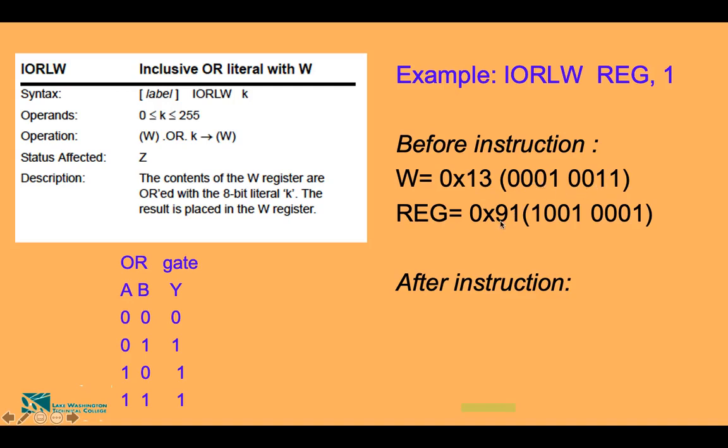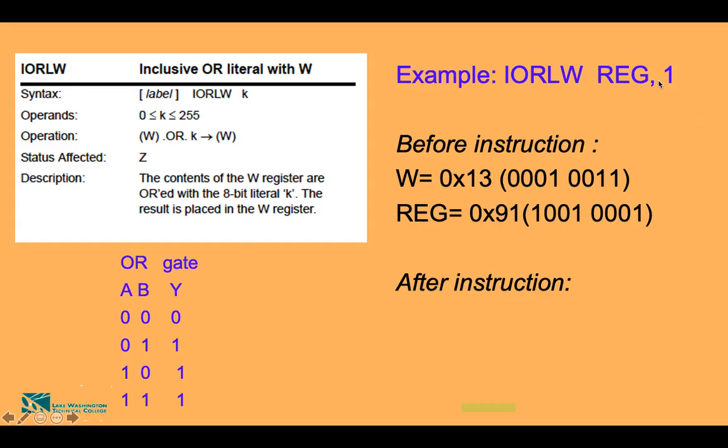Then this REG file register has a 91 hexadecimal number. You can see it written here, and we are going to perform the OR operation. Whenever you use this instruction set, you will be performing the OR operation. When you perform the OR operation, the result is going to be stored in the file register.